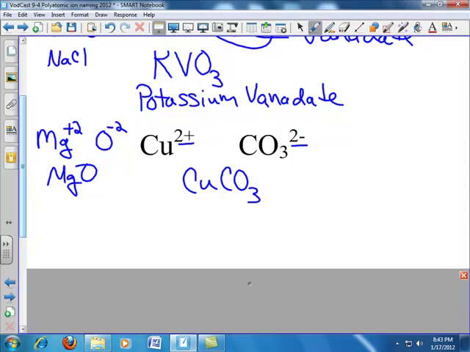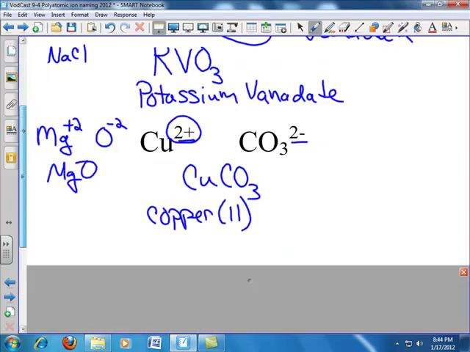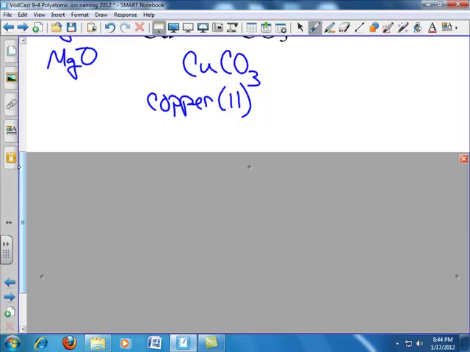Now, I know this is copper, but I also know copper can have more than one charge, so I'm going to call this first one copper 2, because I have to be specific. And then I go to my polyatomic ion sheet and I say, okay, I have a -2 charge. There's my -2 charge, and it's called carbonate. So this is copper 2.